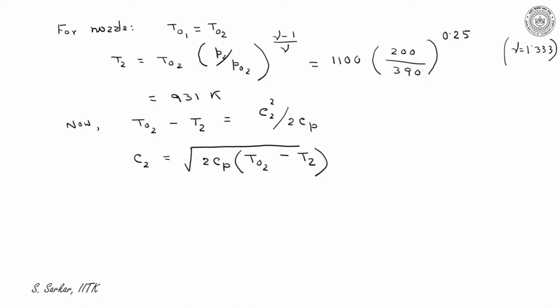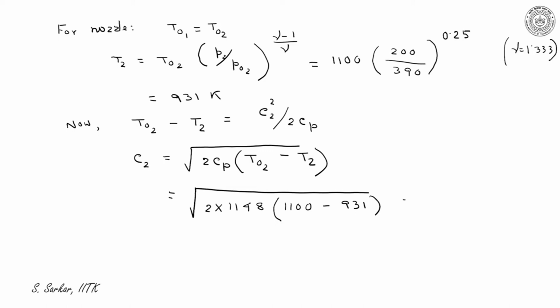So this would be equal to root over twice, value of Cp is 1148, T02 is equal to T01, so 1100 Kelvin. T2 I have calculated as 931 Kelvin.